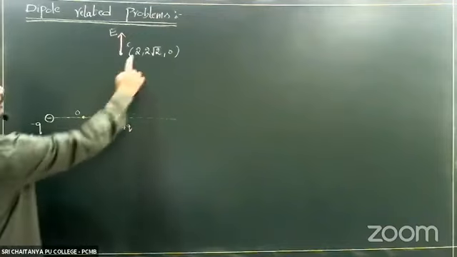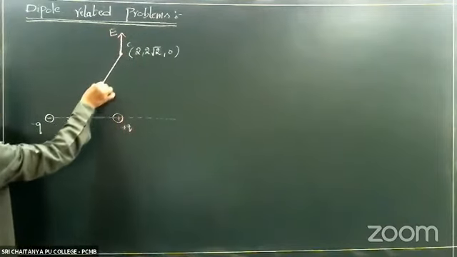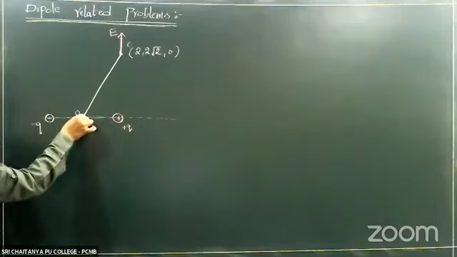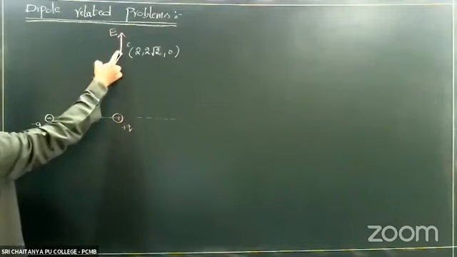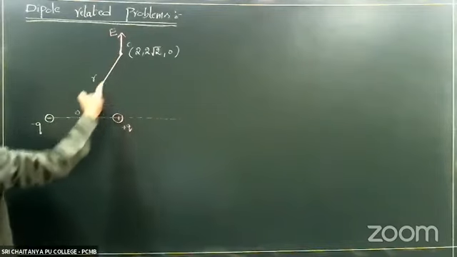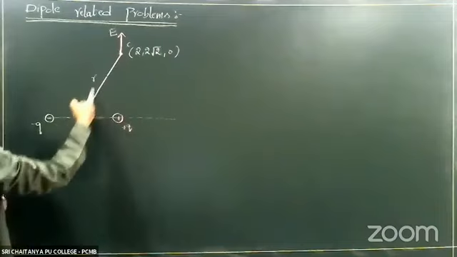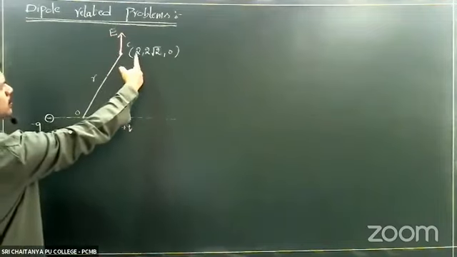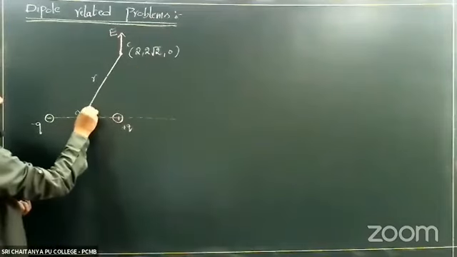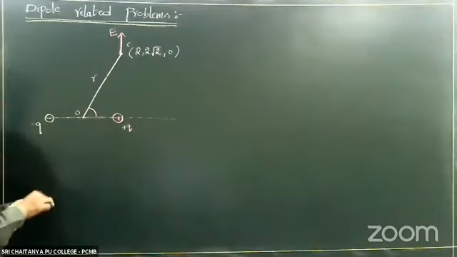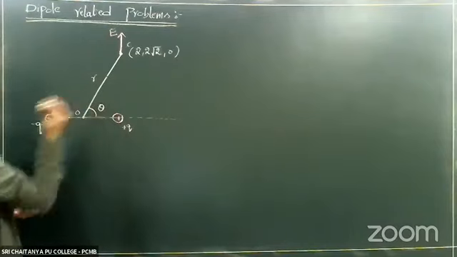See, this point, the line joining the center to this point, this line, this point coordinates are 2, 2 root 2. So from these coordinates, can't we find this angle? Theta.